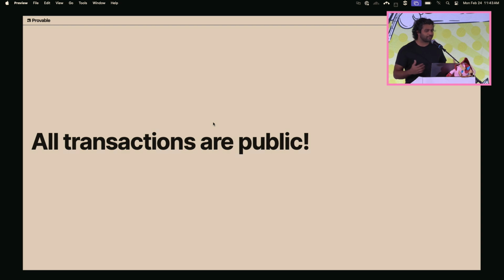If you're a whale, you're very cautious about moving your money around to prevent people from tracking your expenditures. If you're any user, you're basically under the assumption that you can be tracked. So in this talk, we're going to work out how we can use a different model to effectively support private payments and get the kind of UX that we want.